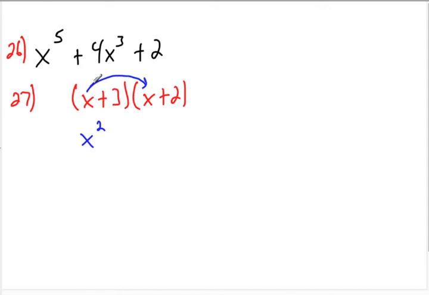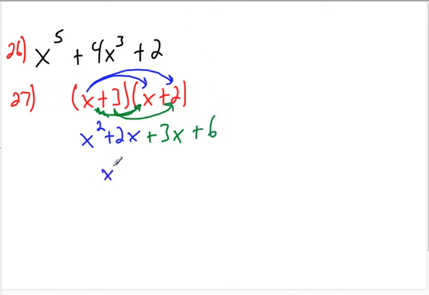So x squared plus 2x plus, oops, not that way, this way. So plus 3x plus 6, and then we combine the middle terms, x squared plus 5x plus 6.